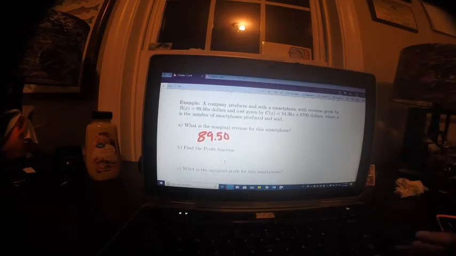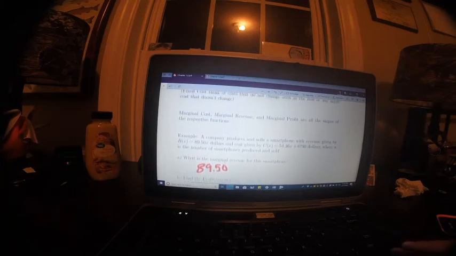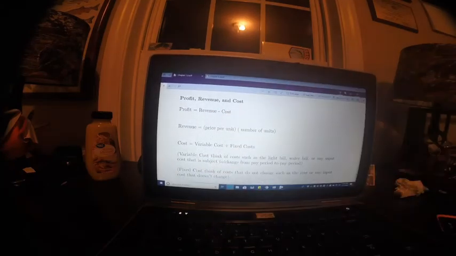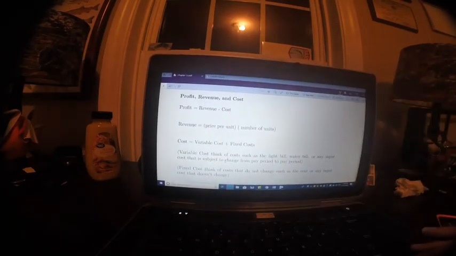Now, B asks us to find the profit function. Remember, profit, if you really need to go back and review it, it's fine, is revenue minus cost. Okay, revenue minus cost is your profit function.